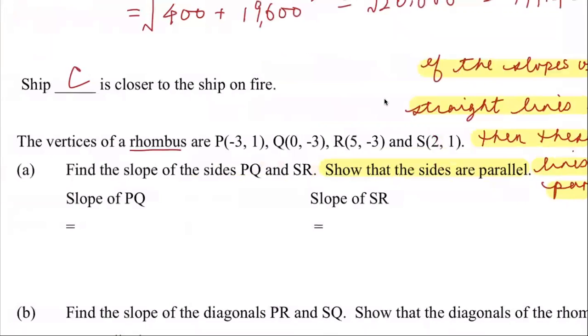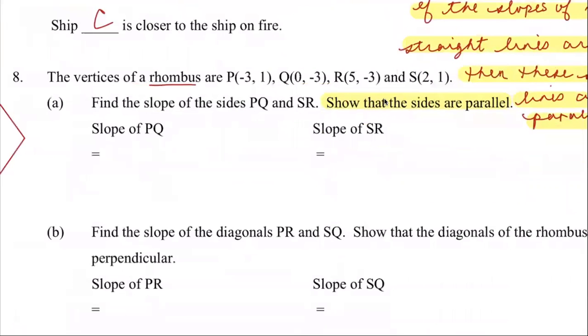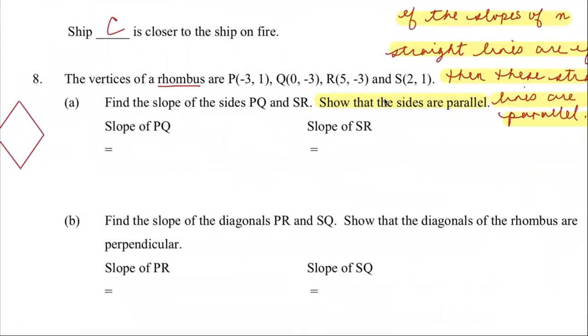So how do we show that these sides are parallel? How do we show that PQ and SR are parallel? We find the slope of PQ and we find the slope of SR. If the slope of PQ and the slope of SR are equal, then we can show that these two sides are parallel.